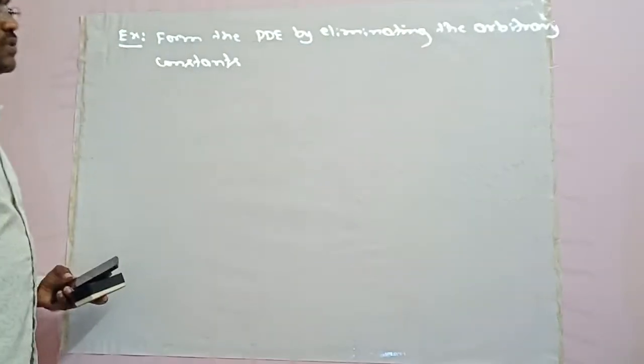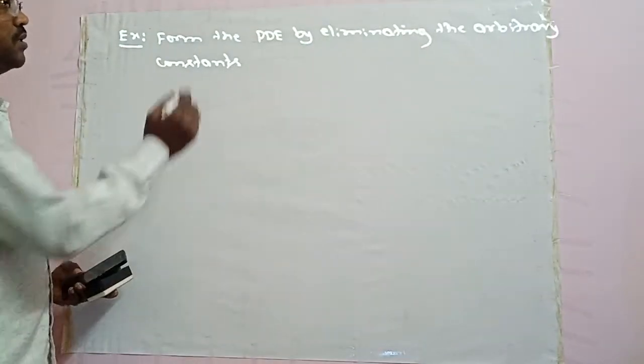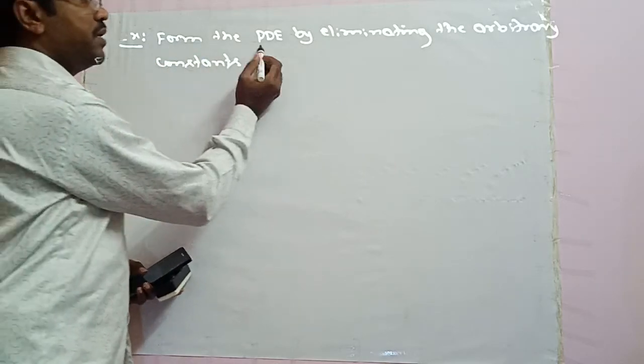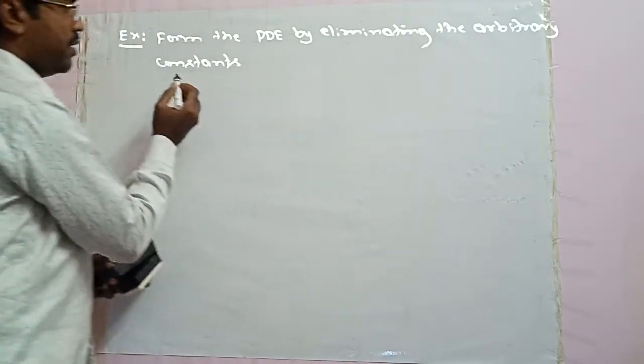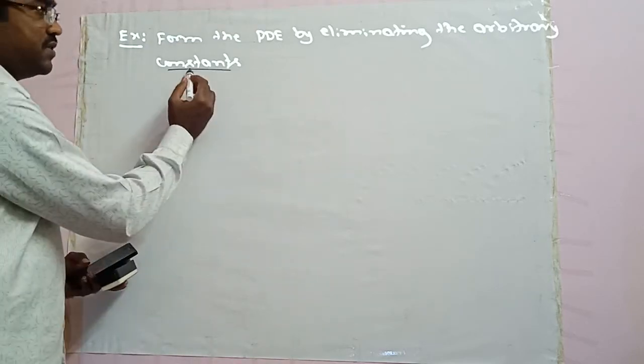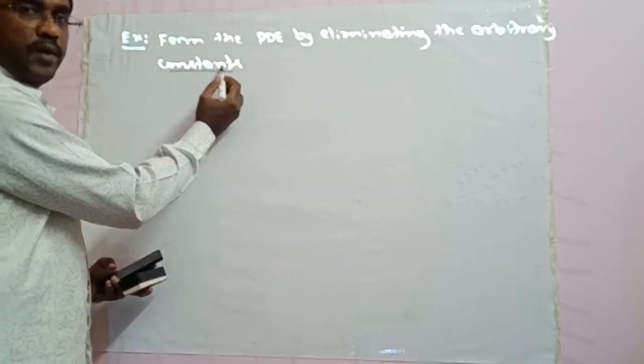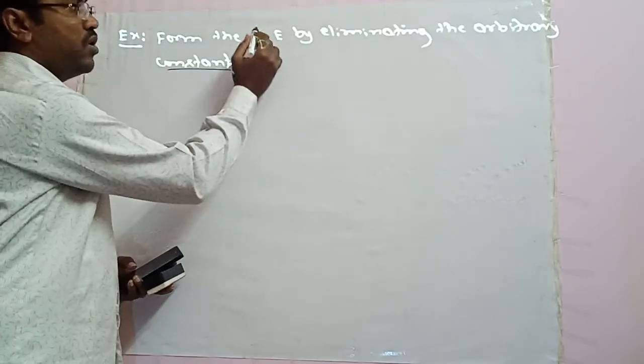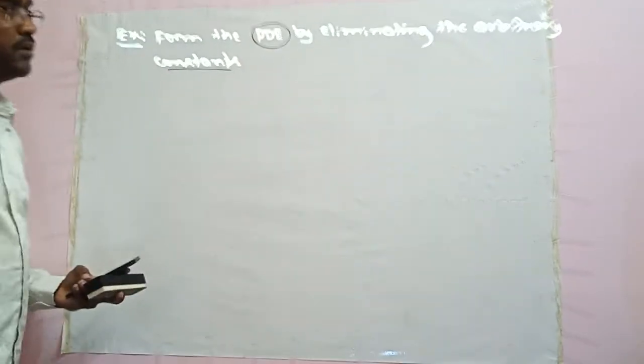Let us take one problem in this. Question is, form the PDE by eliminating the arbitrary constants. Let us see first how do we eliminate arbitrary constants to form PDE.